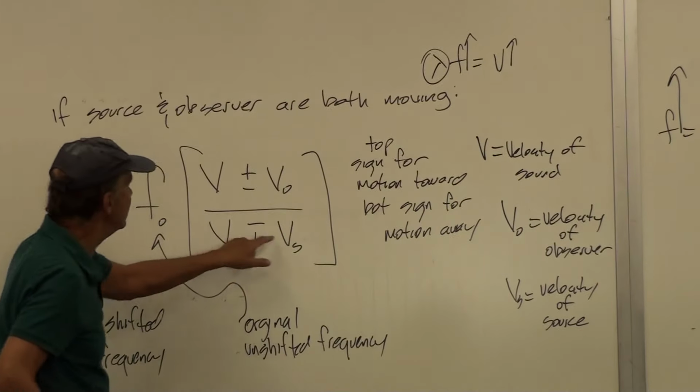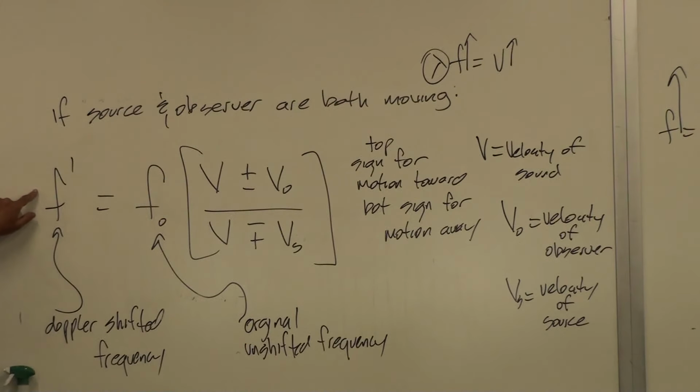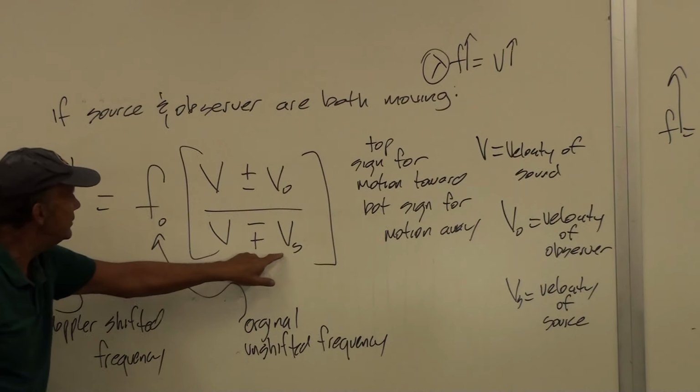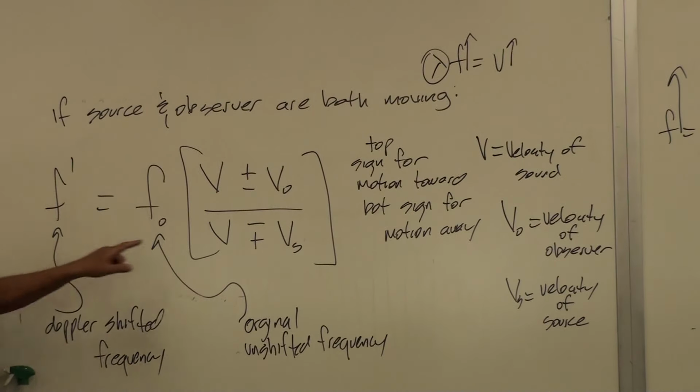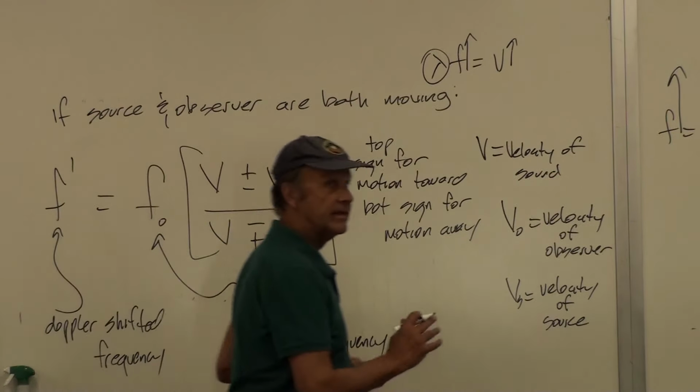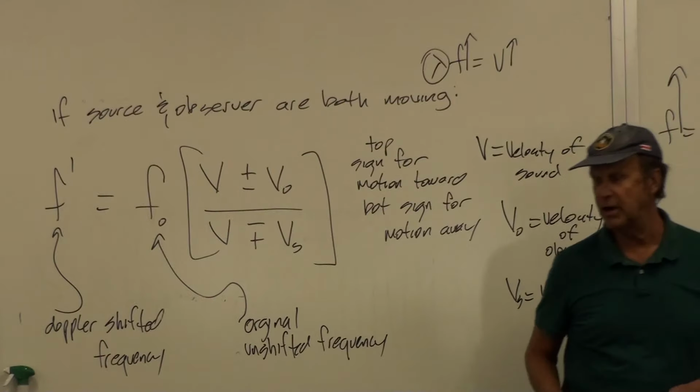And so we could decrease the denominator to make F go up. Or if we increase it, that's due to relative motion away. That's a longer wavelength. And that effect goes in the bottom. Okay, so with this equation, let's see if we can do a couple of problems.